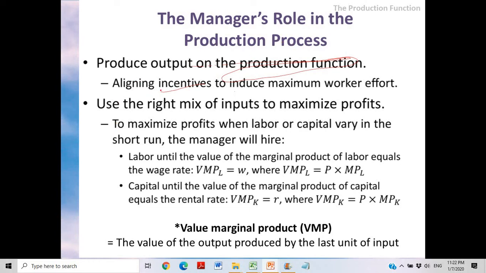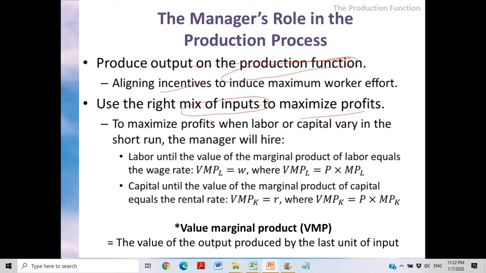Another role of managers is to use the right mix of inputs. What is the combination of inputs that should be used in order to maximize profit? We are going to focus on the second one.